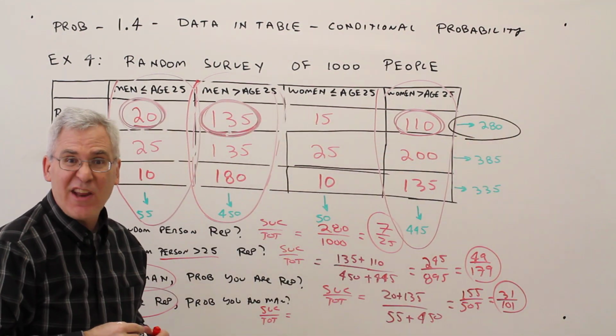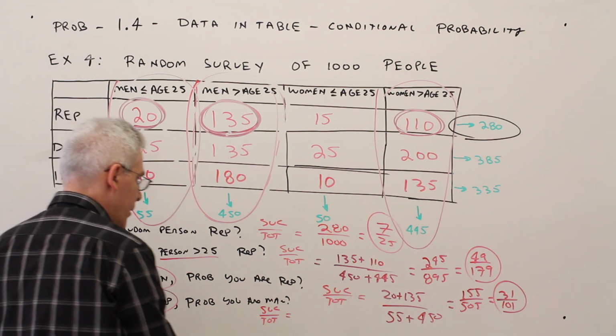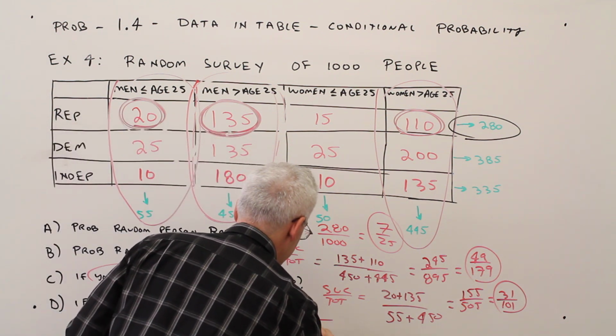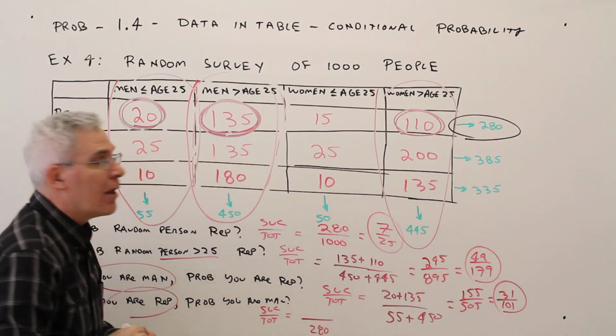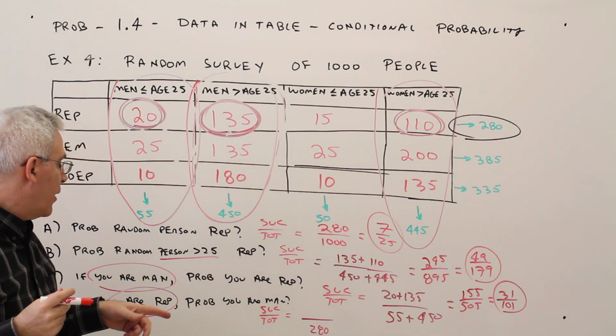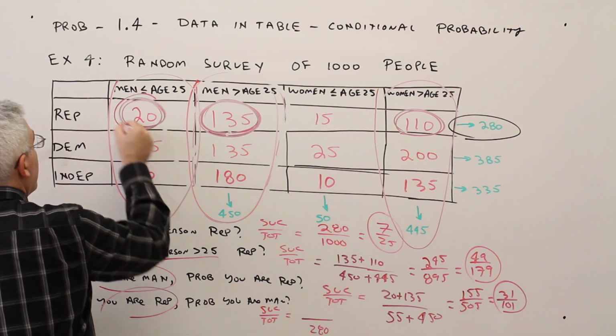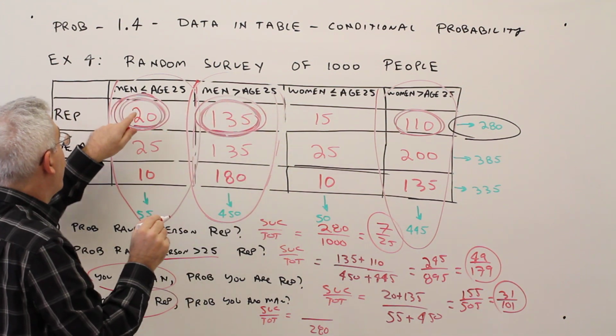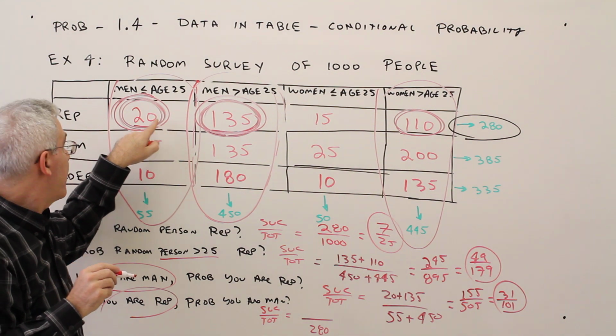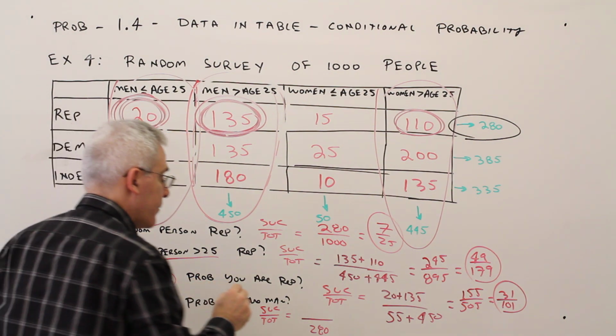I've got 280 of them. To be successful, not only are you Republican, but you're also a man. So again, these are my successful outcomes, 20 plus 135.